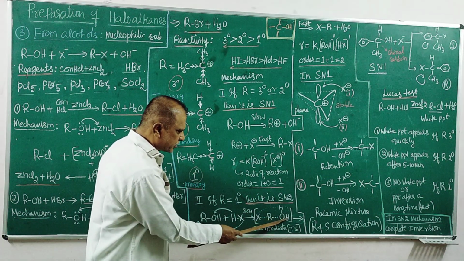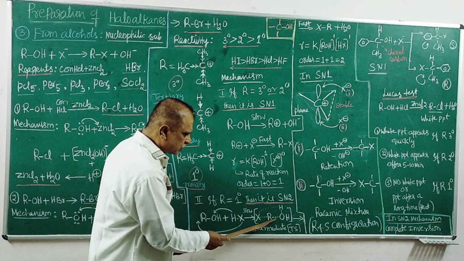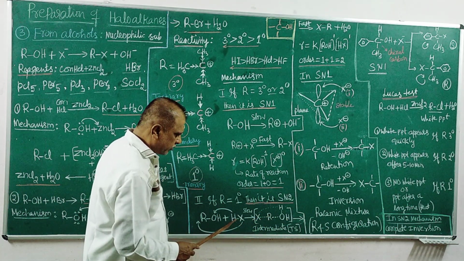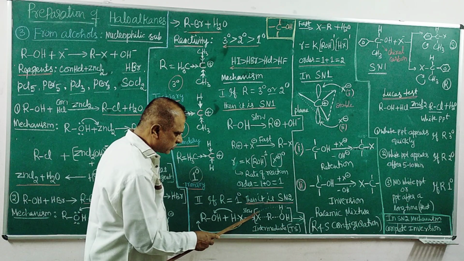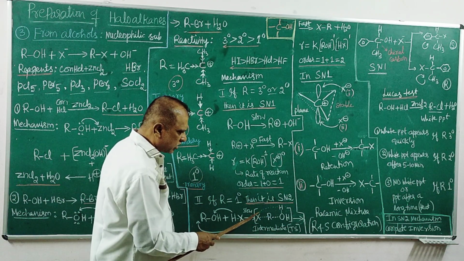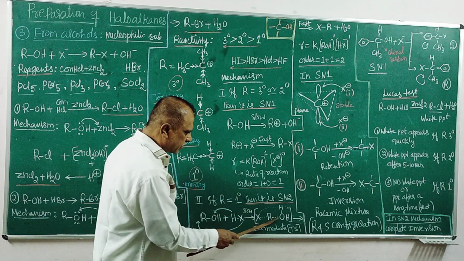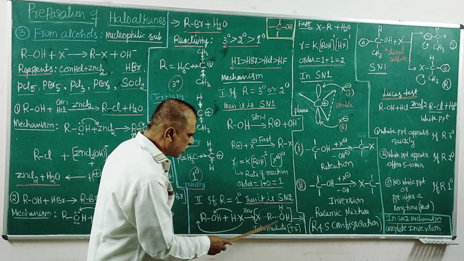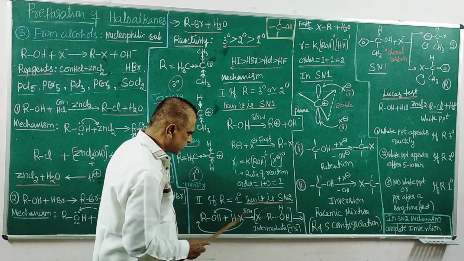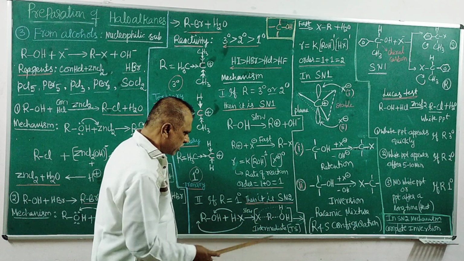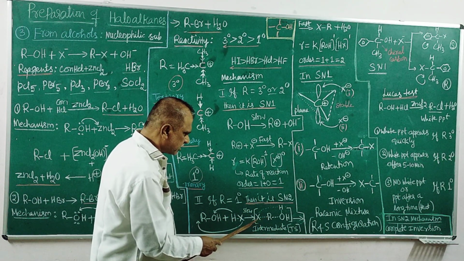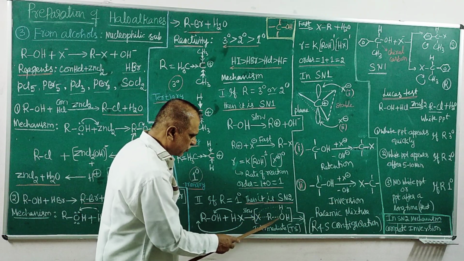So in ROH, this bond begins to break, and the bond between this begins to break. The dotted lines show weak bonds that begin to break, and a new chemical bond arises between this and this. Overall, there are 4 chemical bonds.